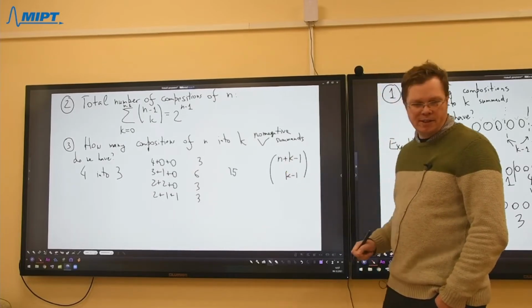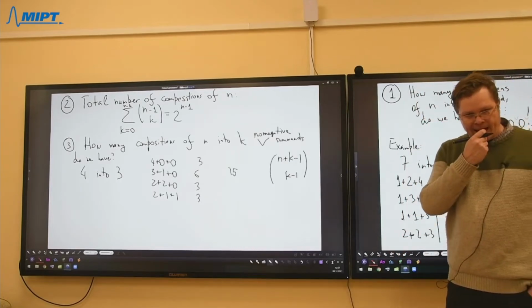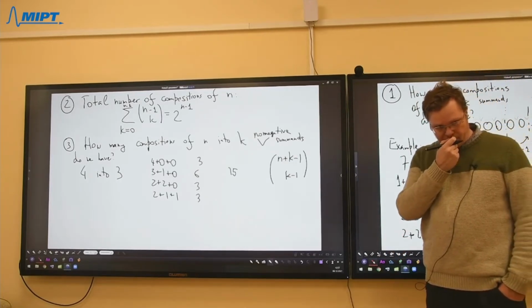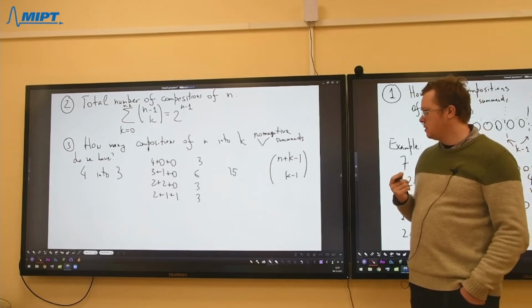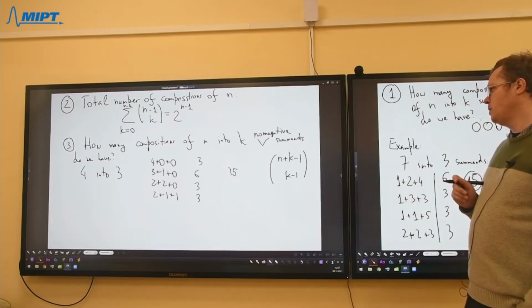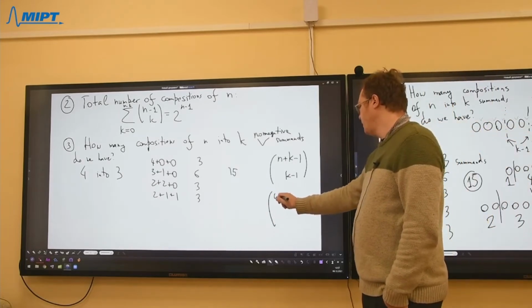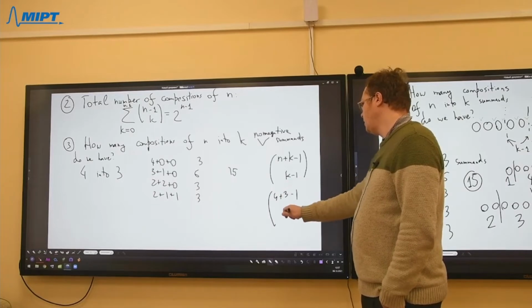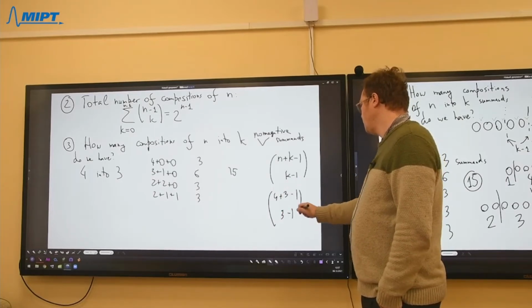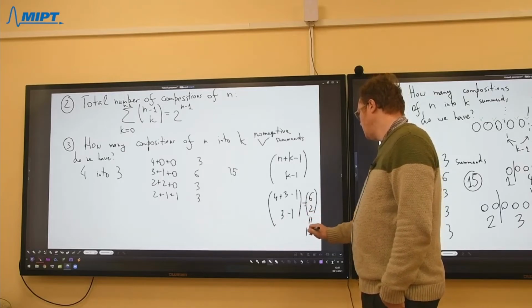Why is that so? Is it correct for this one? Yeah, it's okay. So for example, for this one, we have 4 plus 3 minus 1 choose 3 minus 1, which is 6 choose 2, which is 15. Yeah.